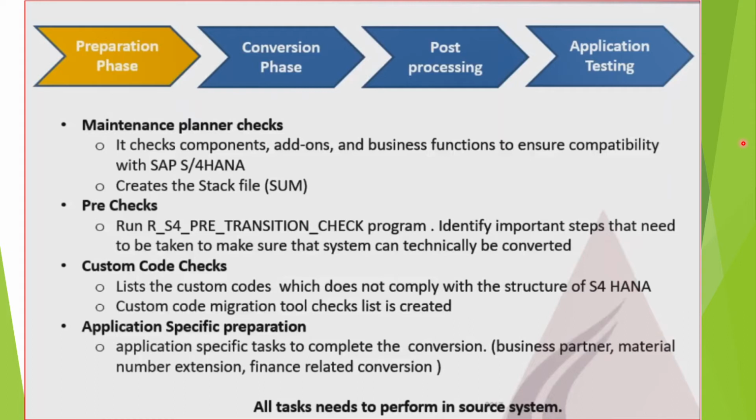They do some activity like the software update manager. Then there are some pre-check transactions which run and check all the checkpoints for compatibility. Similarly, if some tables become obsolete and you have custom code, we have custom code checks which check the custom code compatibility.